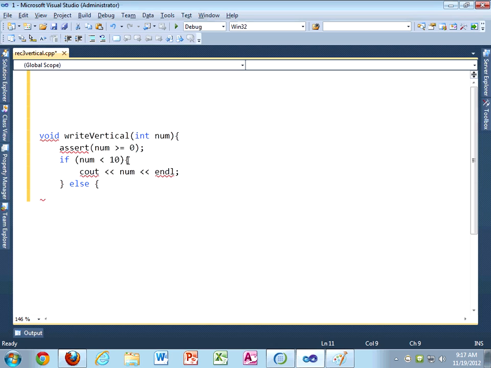Okay, recursive case. We know we're going to call write vertical. So let's just get that down. Write vertical. Okay, so we have this function that can take any number and write it vertically. How are we going to use this function to accomplish our task?